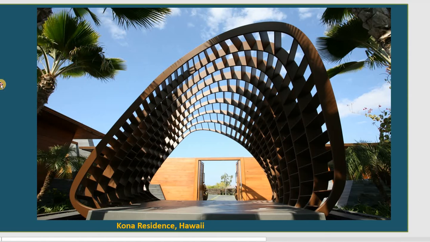This is one example. In front of the house, this is the entrance. They use a roof like that made of wood, and they combine it with the space inside. So the light comes at any angle, and we get the shadow inside here, and they have the floor here before the entrance.